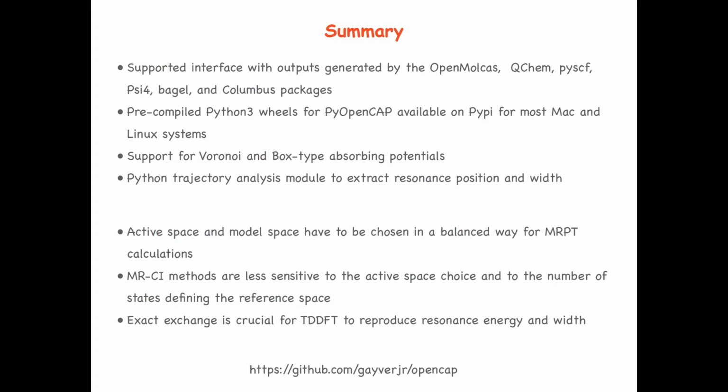So we are thinking about how to properly explain that, and also they substantially overestimate resonance energy. And yeah, exact exchange is crucial for TD-DFT to reproduce resonance energy and width.